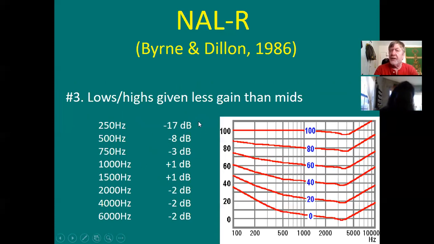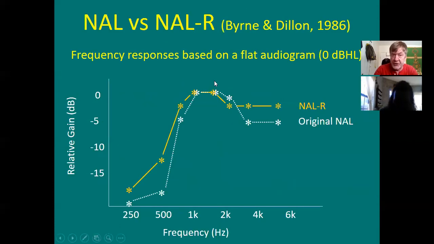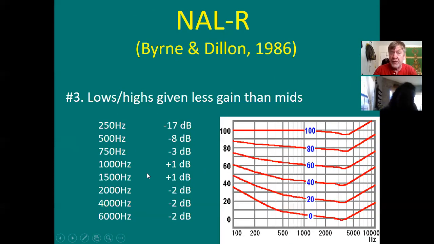take away some of the low frequency energy, especially in the lows, just like it's trying to tell you here. Reduce. This yellow line here, all I'm doing in that next slide is showing you how much. Reduce 250 by 17, reduce 500 by 8, reduce 750 by 3, add a little bit at 1 and 1.5, reduce a little bit in the very highs to flatten out that speech banana.